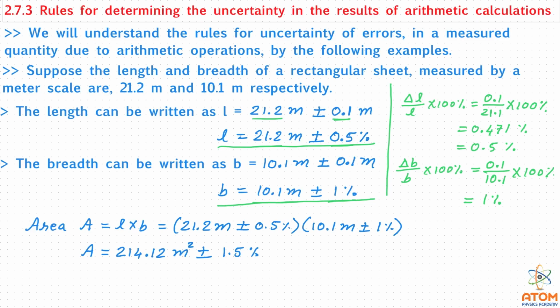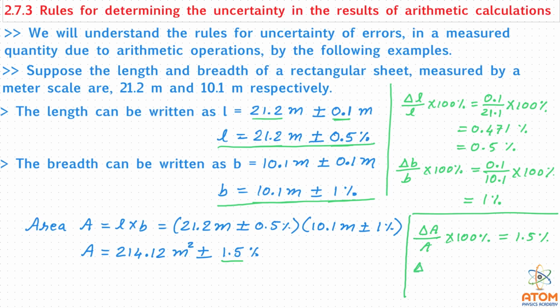Now this is in the form of percentage error. We now know the percentage error in area, but we can also find the absolute error in this area from this 1.5%. Let us calculate that also. Delta A upon A into 100% is the percentage error in area, which is 1.5%, that we already found.